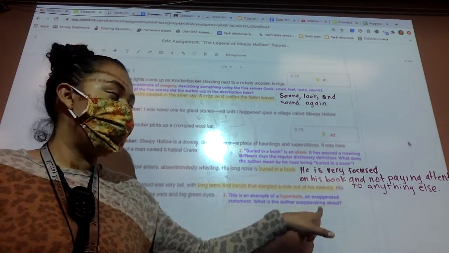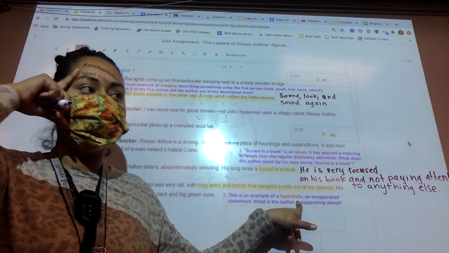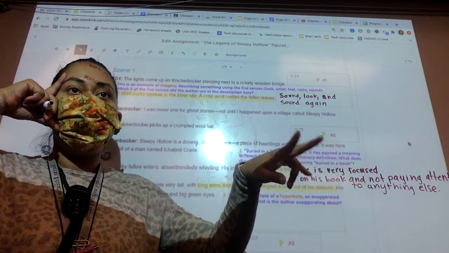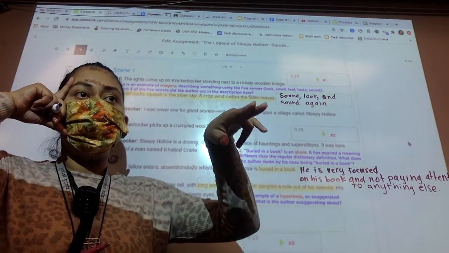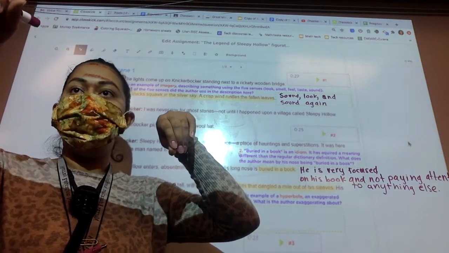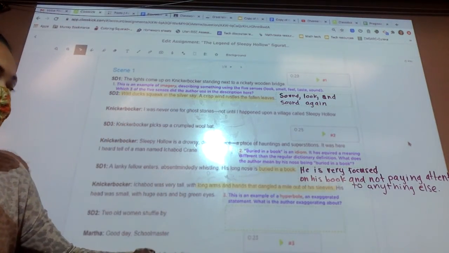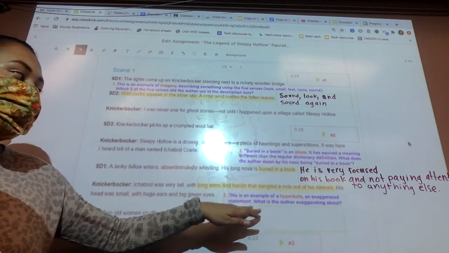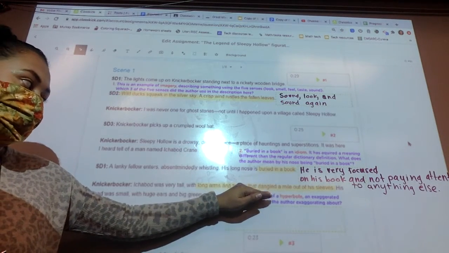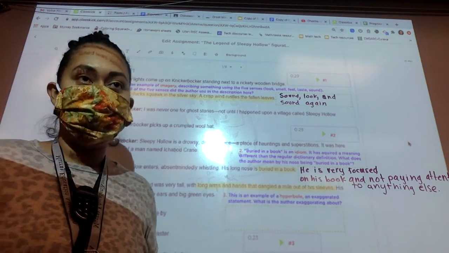I want you to think about it, and I want you to share with the partner somebody near you. So it's Noah, Ledger, Ariana, Emma, Bo, Muna, Alejandro, Thomas, and Sophie and Mohammed. Okay, ready? What is the author exaggerating about here? The long arms and hands that dangled a mile out of his sleeves.